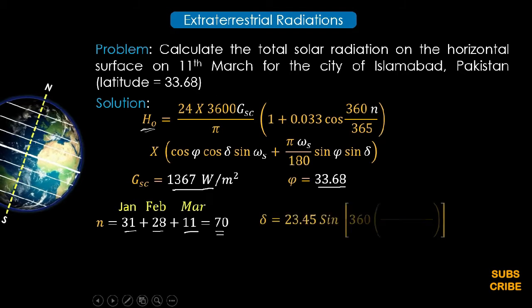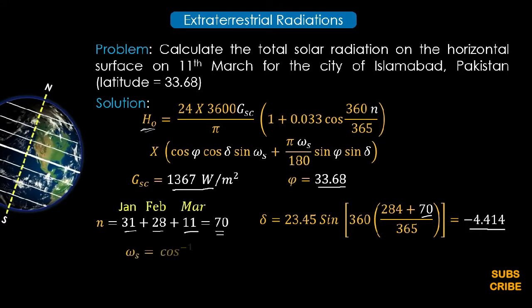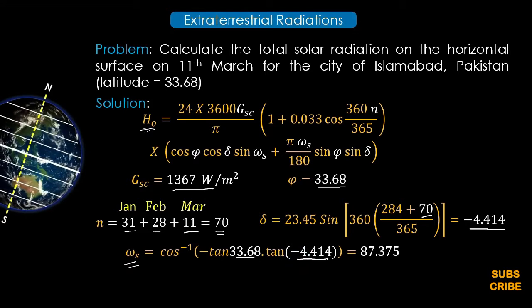Now to calculate declination, that is the tilt of the earth on 11th March, using this N of 70, we compute the value of declination, that is minus 4.414. Now to calculate the value of the sunshine hour angle, omega s equals cos inverse of minus tan of the latitude 33.68 multiplied with tan of the declination, minus 4.414.